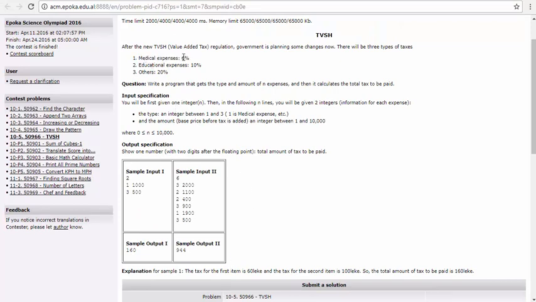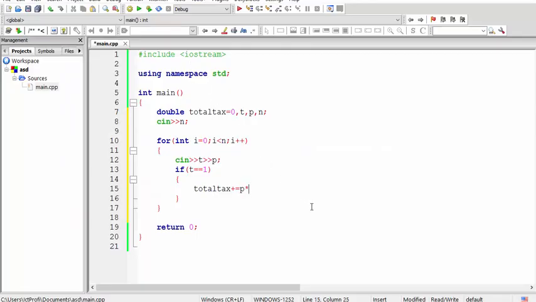For medical I need 6%, so price times 6/100. So this equation will return me 6% of the price. When you multiply the value by 6/100, it returns 6% of the value, and I'm going to add this to the tax.